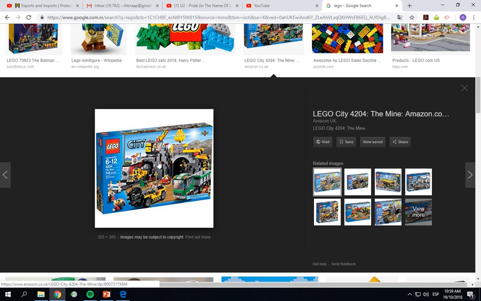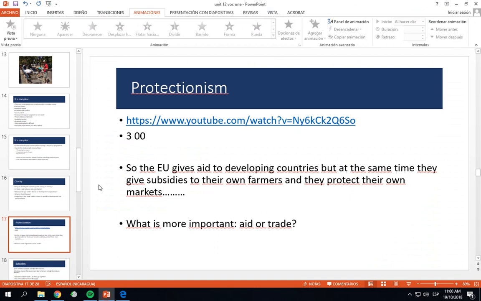Because Nicaragua adds a tariff for imports. So this box of LEGO arrives in Nicaragua, and the government wants 30% of tax, of tariffs for that.